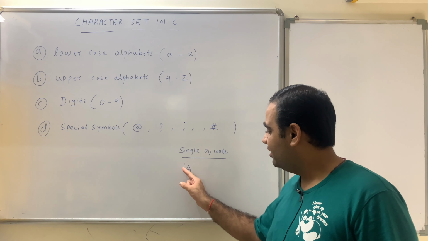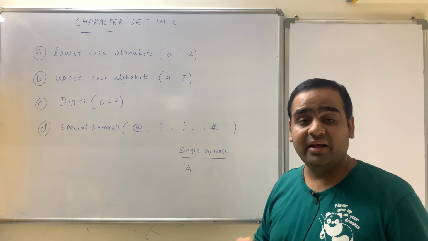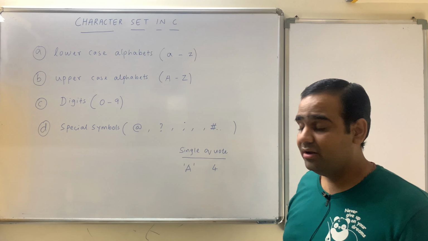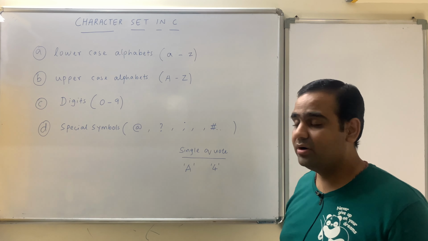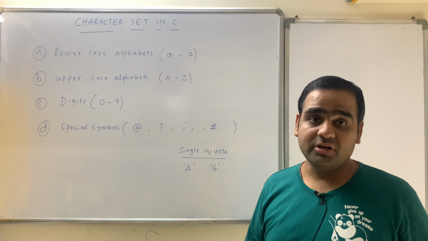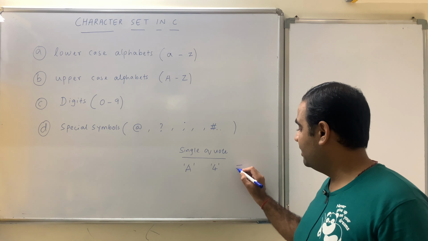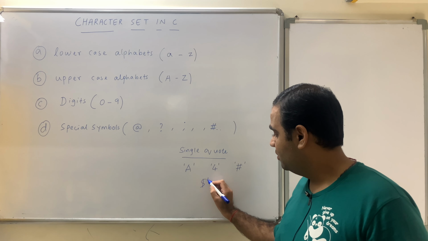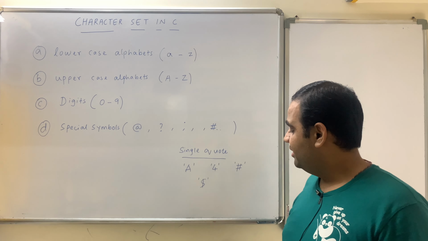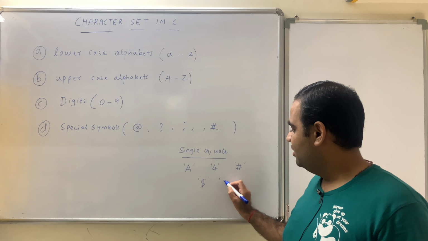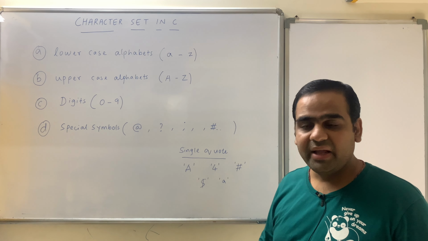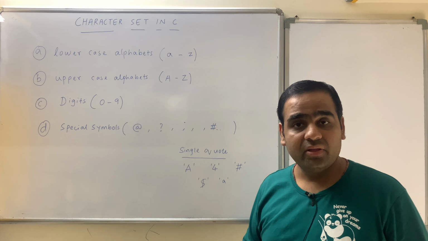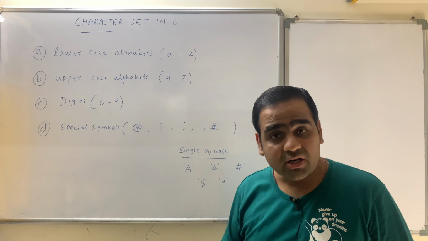If you write 4, it's not a character, but if you write the same 4 in single quotes, it becomes a character constant. Similarly, you can write hash in single quotes, dollar in single quotes, and even lowercase a in single quotes. Anything that is of single length and written in single quotes makes a character constant.